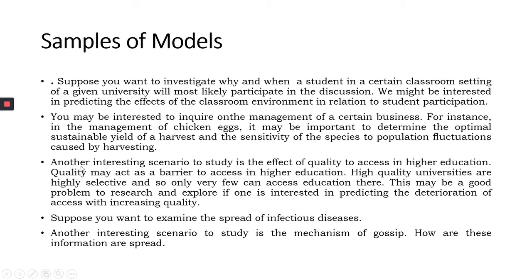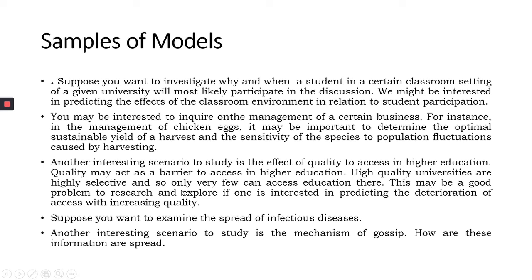Still another example of models is this scenario wherein you want to study the effect of quality to access in higher education. So quality may act as a barrier to access in higher education, because high-quality universities are highly selective. So, you will notice that the higher the quality of the university, the higher their rejection rate, right?